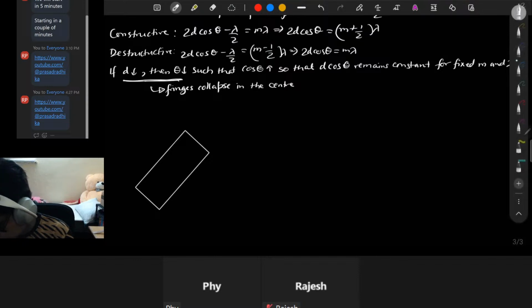This is my source coming in. Source light is coming in. It gets transmitted into the material of the beam splitter and gets reflected from this back reflecting surface.